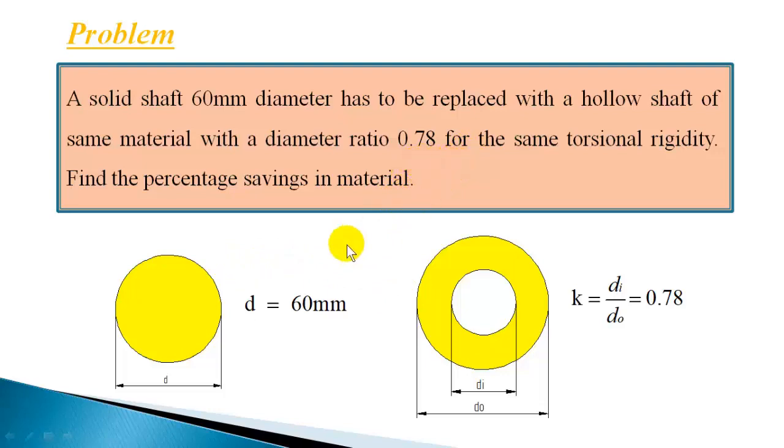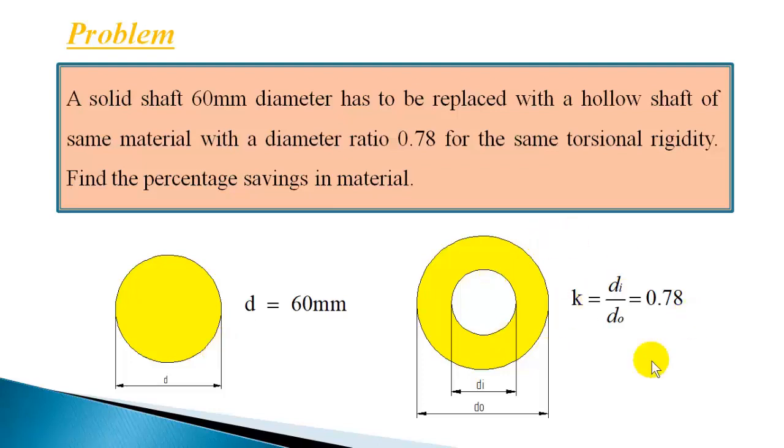But when you replace it for the same torsional strength, even the torsional rigidity of the replaced shaft will be greater than a solid shaft. Here we are only replacing it for torsional rigidity, so this will have less torsional strength than the solid shaft.